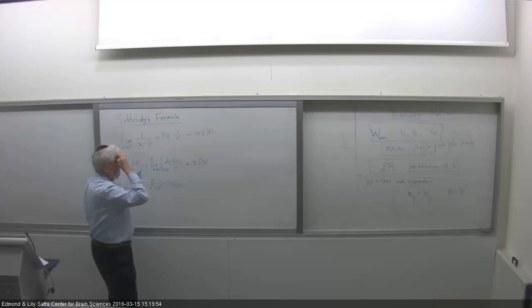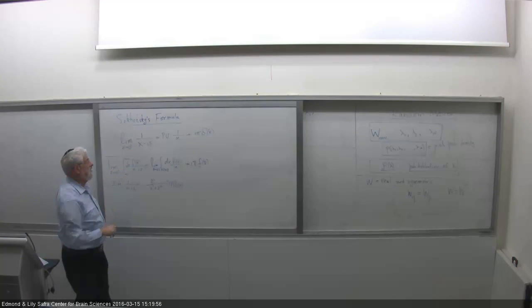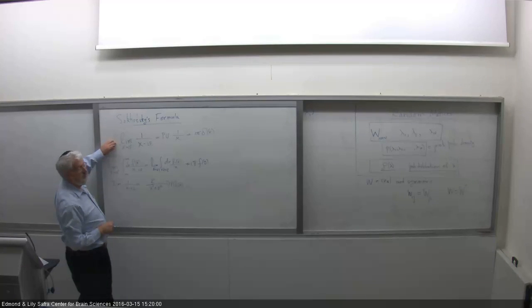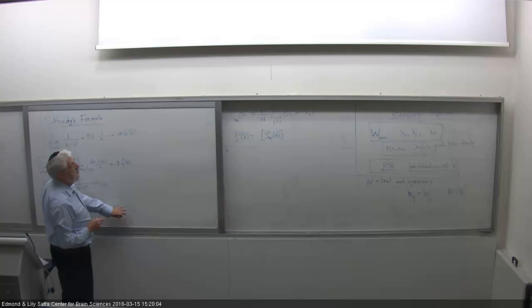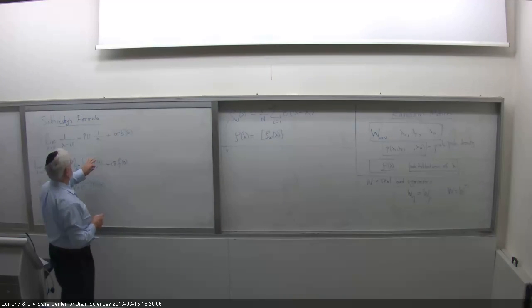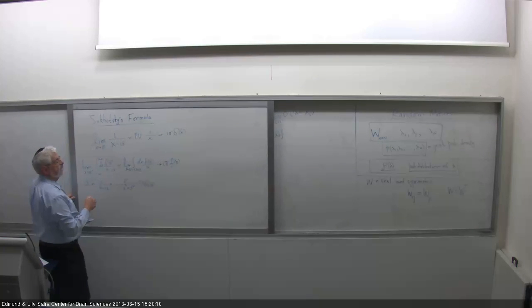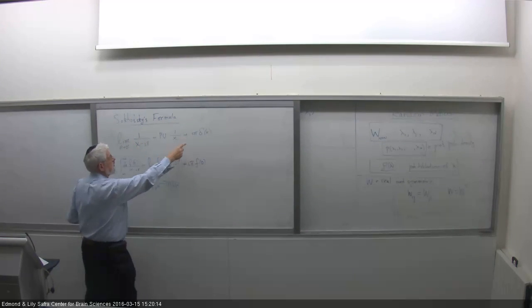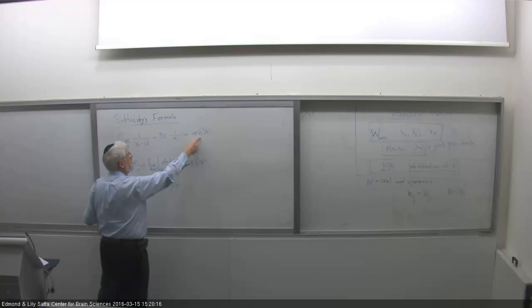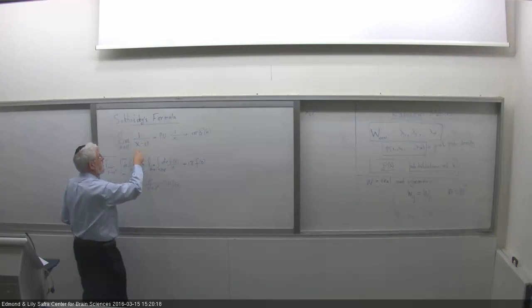So a delta function times f, the integral gives f of 0. Okay, so that's the formula. Why is this good for us? Because it means, and this is a common trick in many theoretical works, that instead of representing the delta function of x, we represent it by 1 over x.